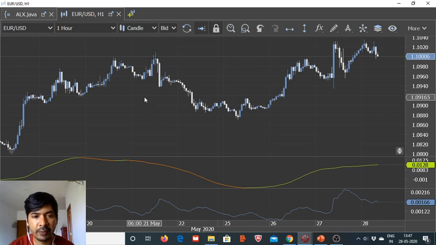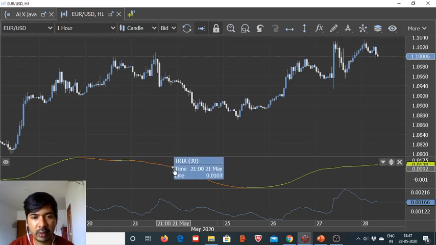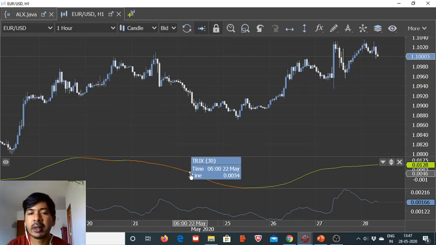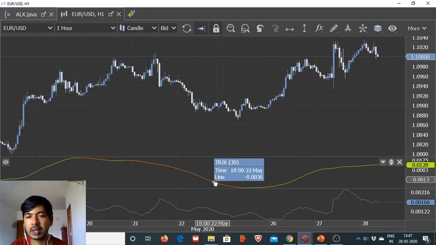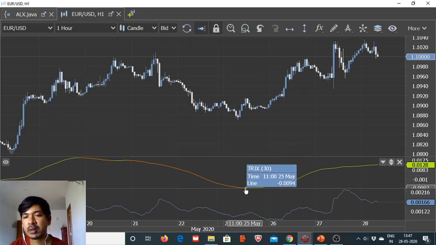So here we want the TRIX value to be less than 0, that is in minus territory, and it should be falling. So the sell side trades would have happened anywhere starting from 14 GMT of 22nd May till around 11 GMT of 25th May.